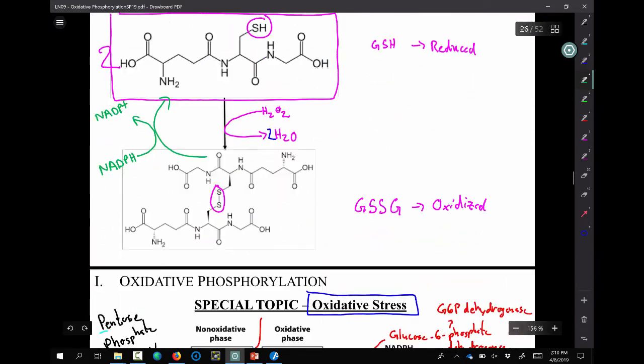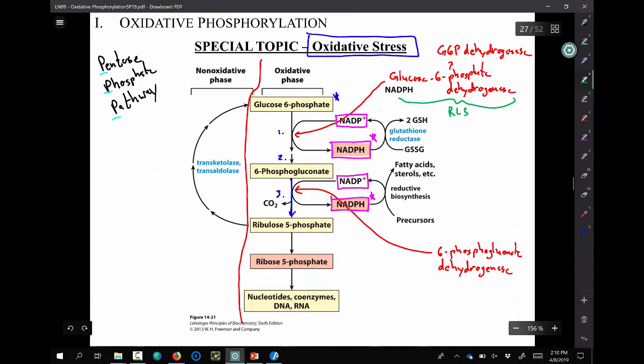That exact same process occurs in the cytosol as well.